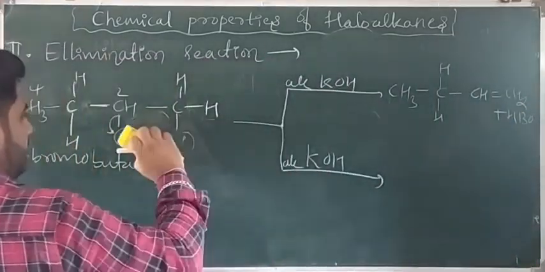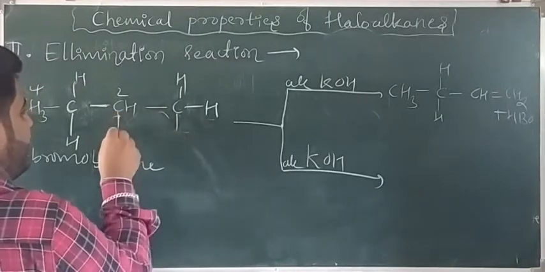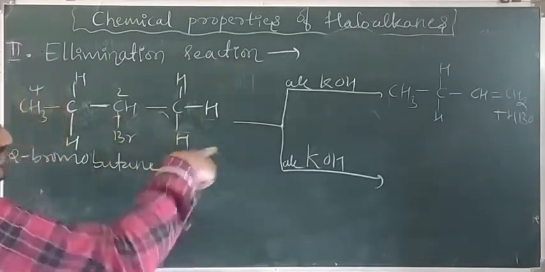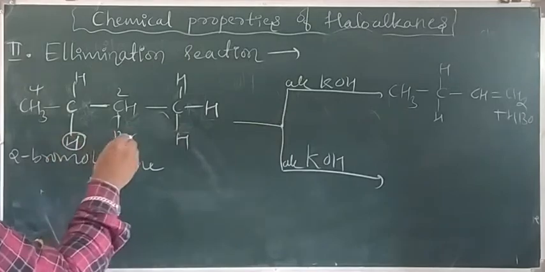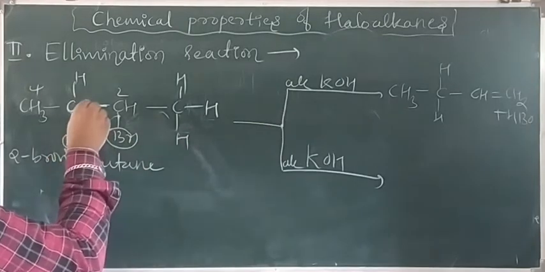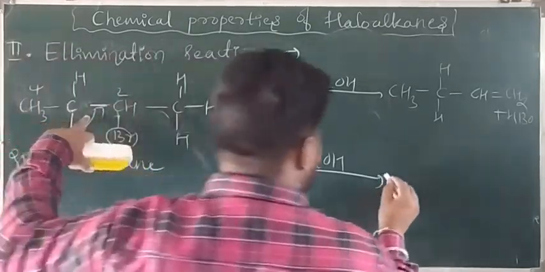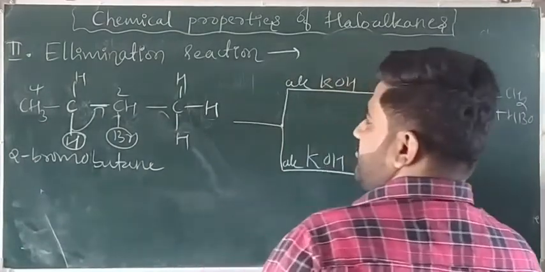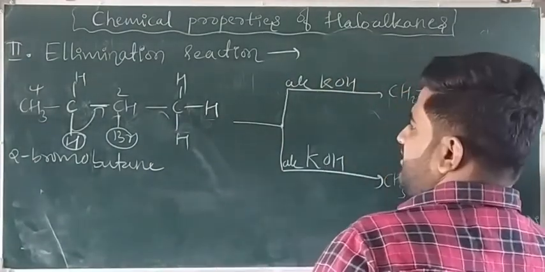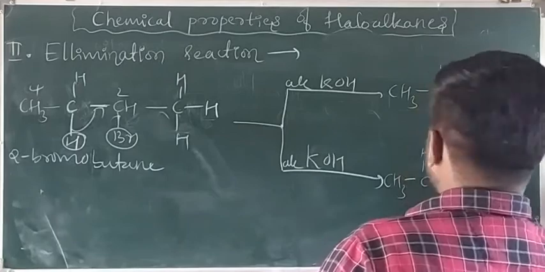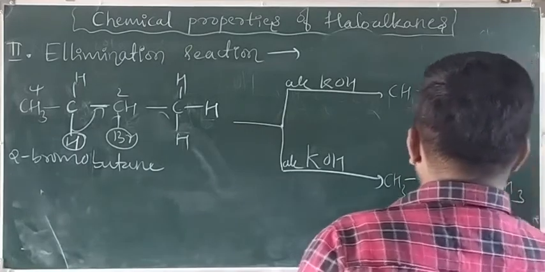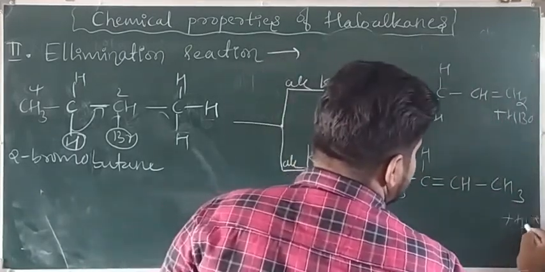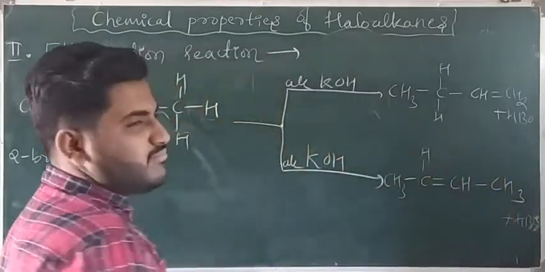So this is the case if bromine is eliminated with this H. If this H takes this Br, we get a double bond at the second position, right here: CH3 single bond CH double bond CH single bond CH3. In both cases HBr is eliminated, so in both the cases the product is different.